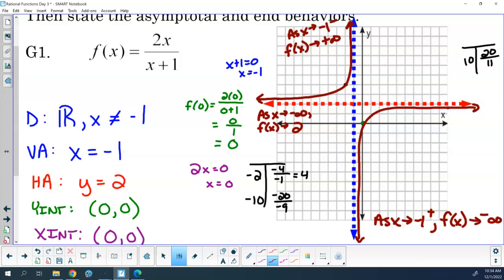Above the red line. Over here, as x approaches positive infinity, my function is approaching 2 from below. Questions, comments, concerns, clarifications?